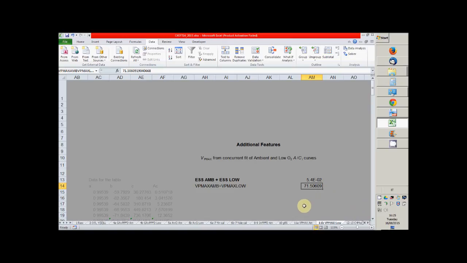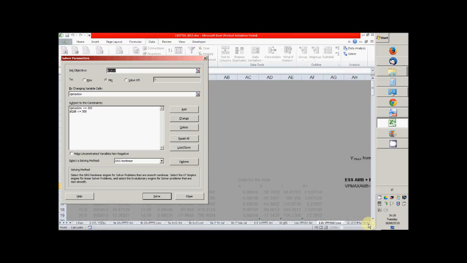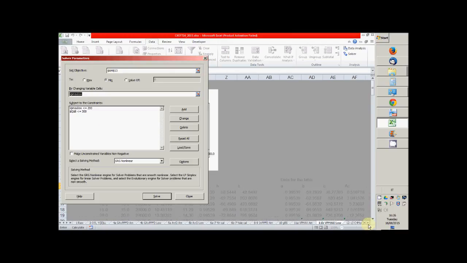So to find a value of Vpmax which will concurrently fit the two curves, we may open Solver, set the objective cell AM13, and set the variable cell Vpmax ambient Vpmax low in cell AM14.